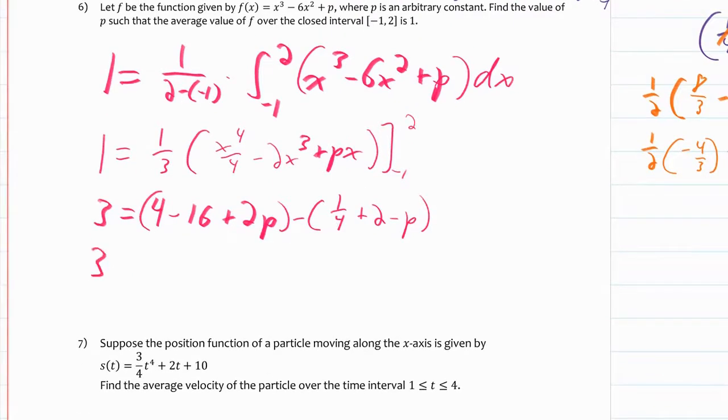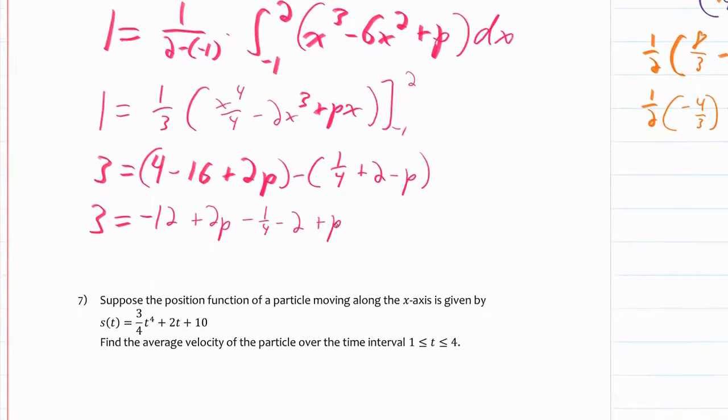So if I simplify a little bit, I get 3 is equal to -12 plus 2p minus 1/4 minus 2 plus p, or 3 is equal to -14 minus 1/4 plus 3p.